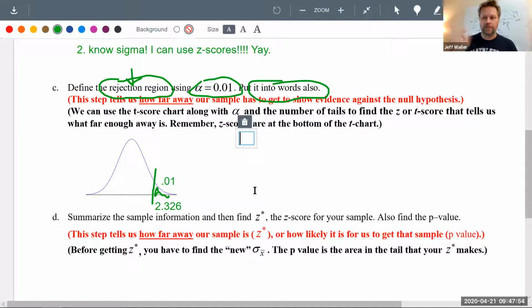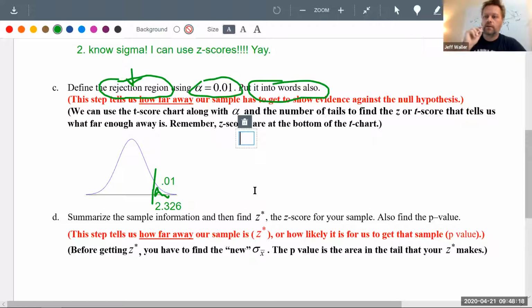It's a one-tail test. We figured that out earlier. And I want a z-score. So one-tail, 0.01, so I'm in the second column, and I go all the way to the bottom to get a z-score. So I get 2.326. Bam. So that's a z-score, right?